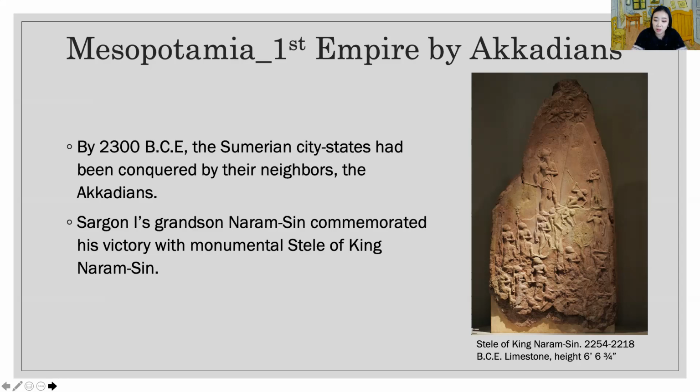Sargon I's grandson, Naram-Sin, commemorated his victory over the Lullubi people of eastern Mesopotamia with the monumental Stele of King Naram-Sin. This is it. It pictures the Akkadian king dressed in gold-like regalia and striding confidently over the defeated soldiers.